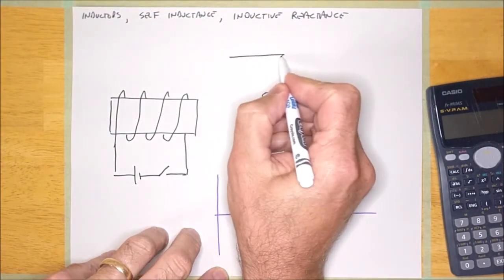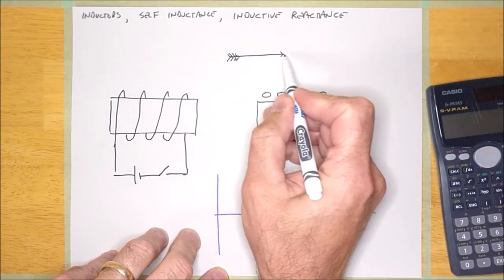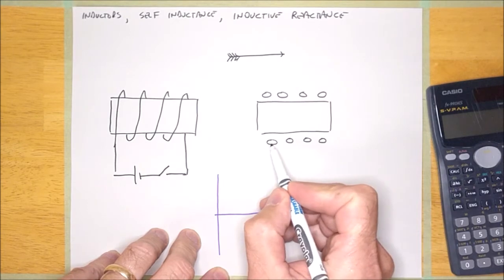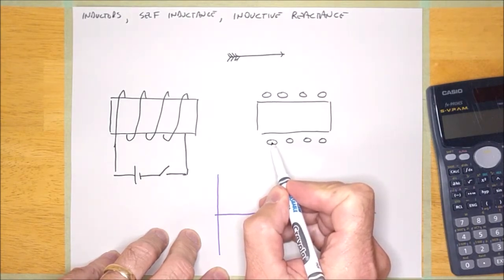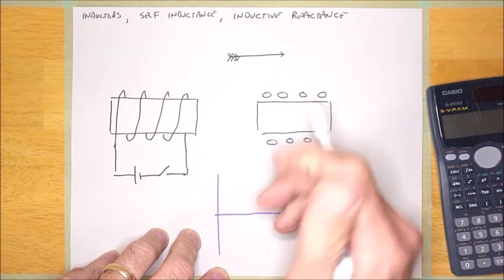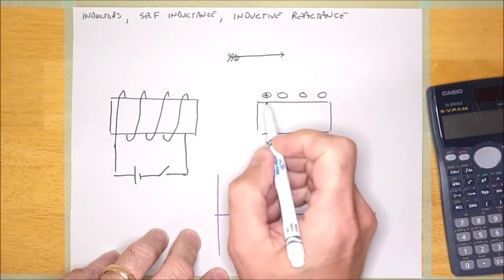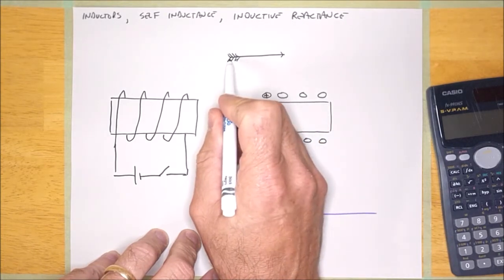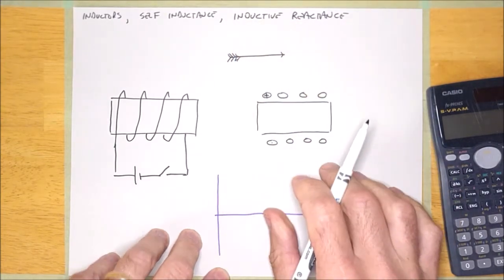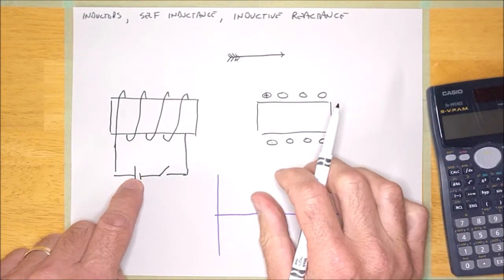Think of it as an arrow: if you're looking at the point of the arrow, you see a dot, and that means current is flowing towards you. The other thing you could see is a cross, which means you're seeing the feathers, and so current is going into the page.